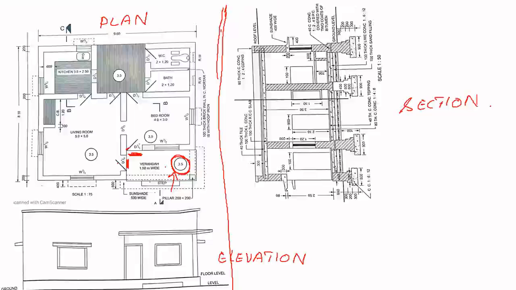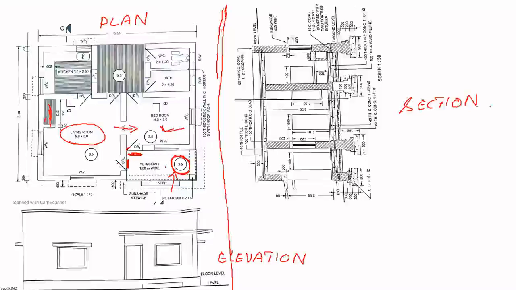So one door is entering your bedroom. So this is your bedroom, and another door is entering inside the living room. And in living room, see, you can see this lines. So this is your cupboard. This means cupboard. And from the living room, you have a door, you have an access to your bedroom.